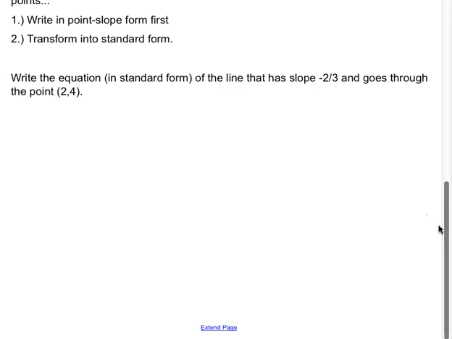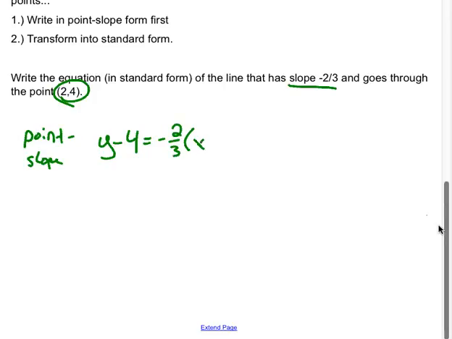So here I'm given a slope and a point. So remember, with the information given, that lets me write a point-slope equation, okay? Y minus the y value from the point equals the slope times x minus the x value from the point.